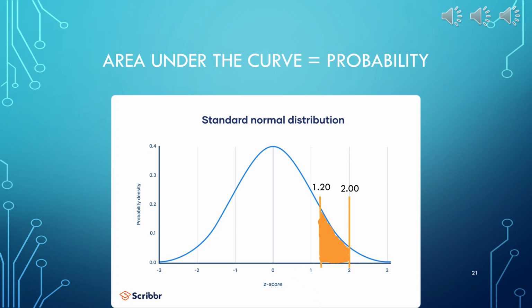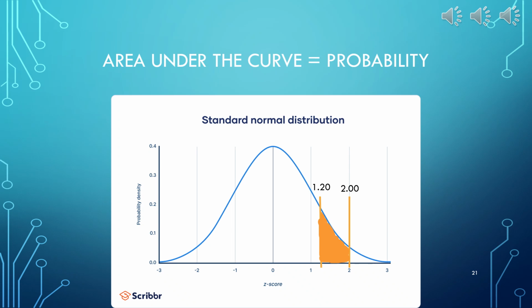So in order to solve this, you would go to your standard normal table, your z-table, and look for 1.20 as the z-score, and you would want to find the proportion of scores in the large portion, okay?